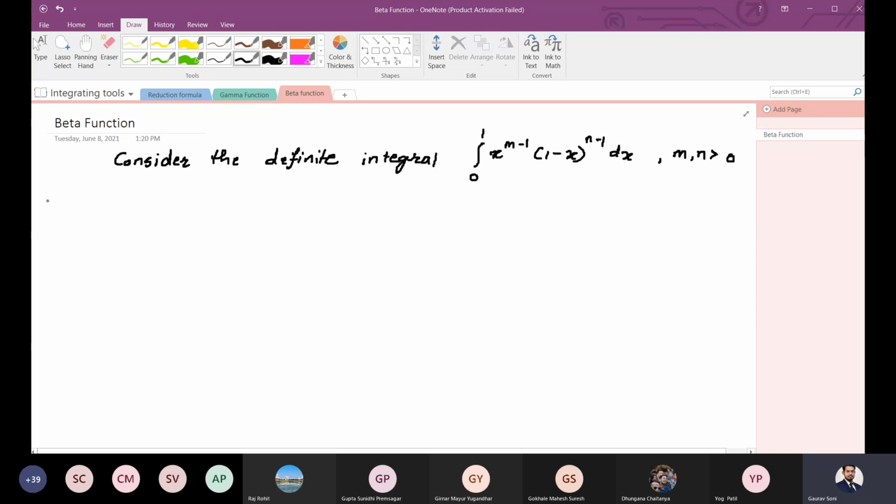It is denoted by beta of m comma n, and it is read as beta of m comma n, and is called the beta function.